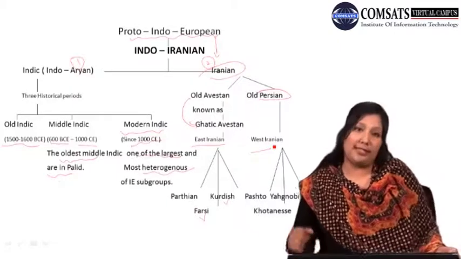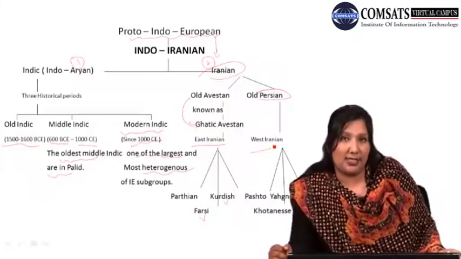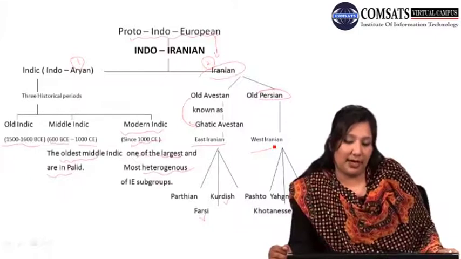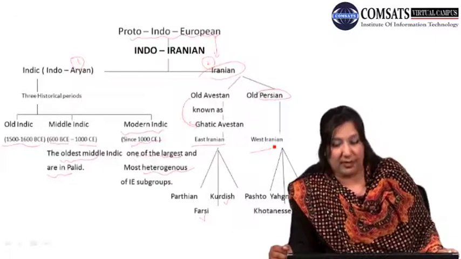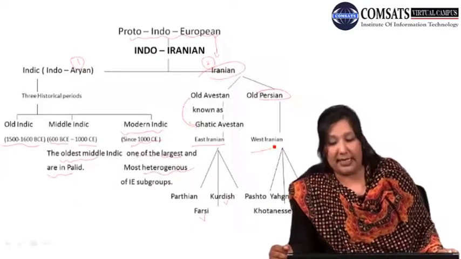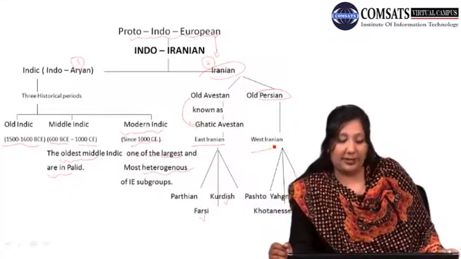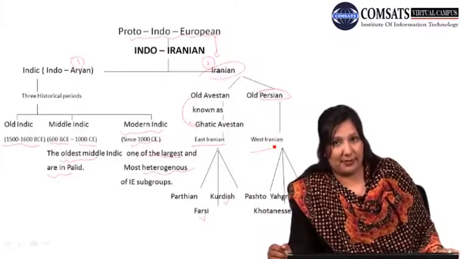In the same tradition, this West Iranian is further subdivided into three languages. One is Pashto, the second is Yaghnobi, and the third is Khotanese.